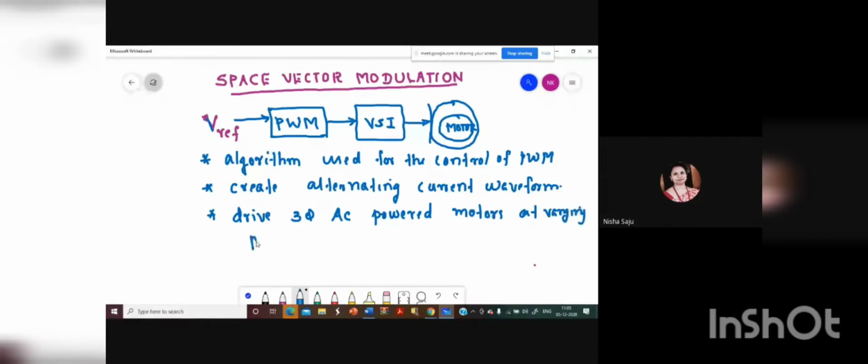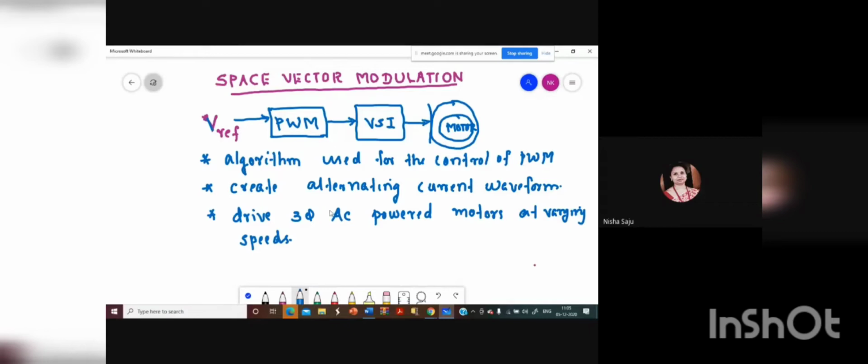So you have a PWM, then the voltage source inverter. The input to the voltage source inverter will always be a DC, and you have to generate an AC, and this AC waveform will be sinusoidal in nature, mainly to drive the three-phase AC powered motors connected to the voltage source inverter.